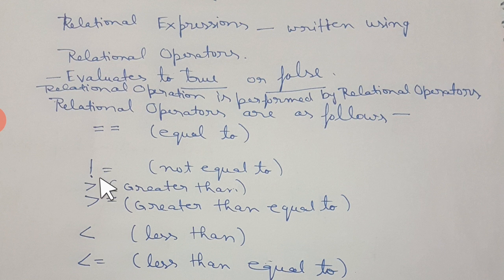Alright. Then not equal to, this exclamation sign and then equal to sign, that is representing not equal to. Then greater than equal to, less than equal to. So these are the relational operators. Alright.